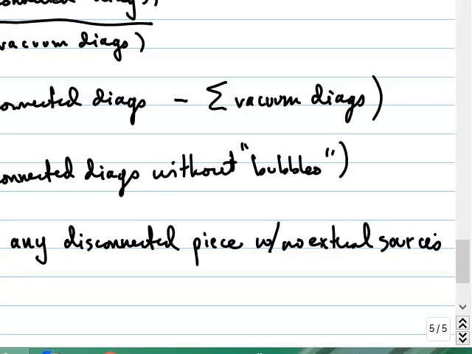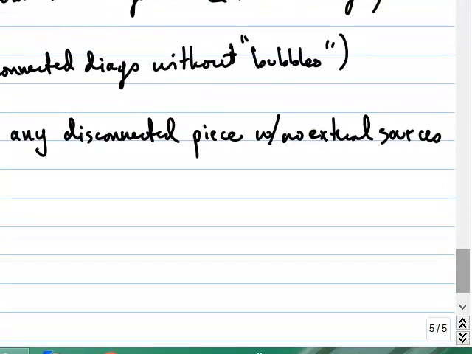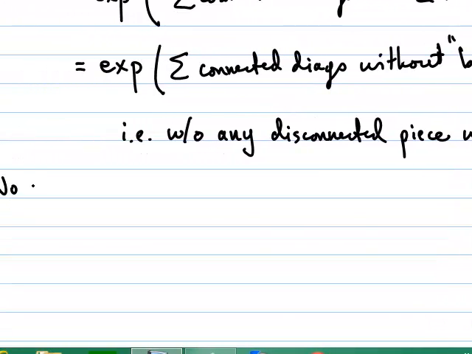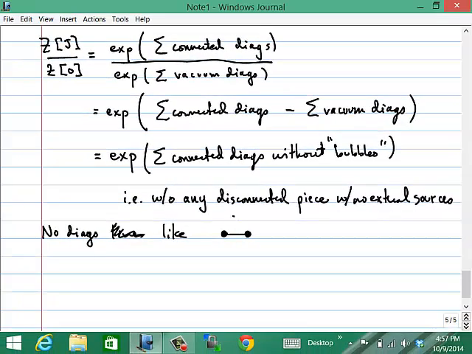No external sources. So in particular, there are no diagrams like this, where there's just two disconnected diagrams, one of which has no external pieces whatsoever.